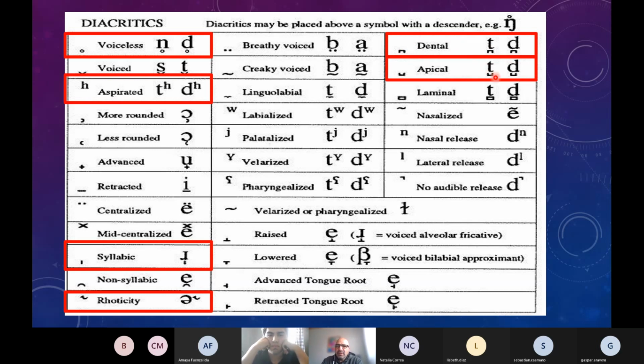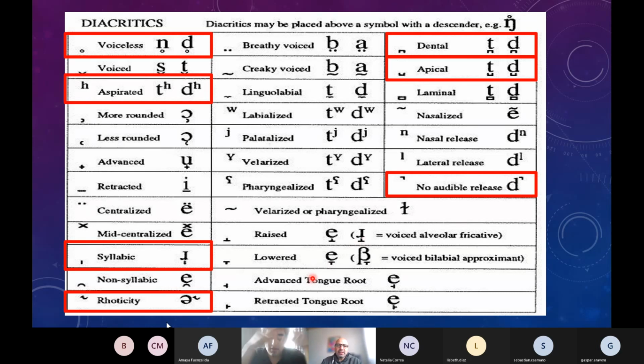Apical is also a concept. I don't think we're going to be using this one a lot, right? But we're definitely going to be using the no audible release, or unreleased plosive. Particularly the plosive sounds d, for instance, or k or p, which go at the end.